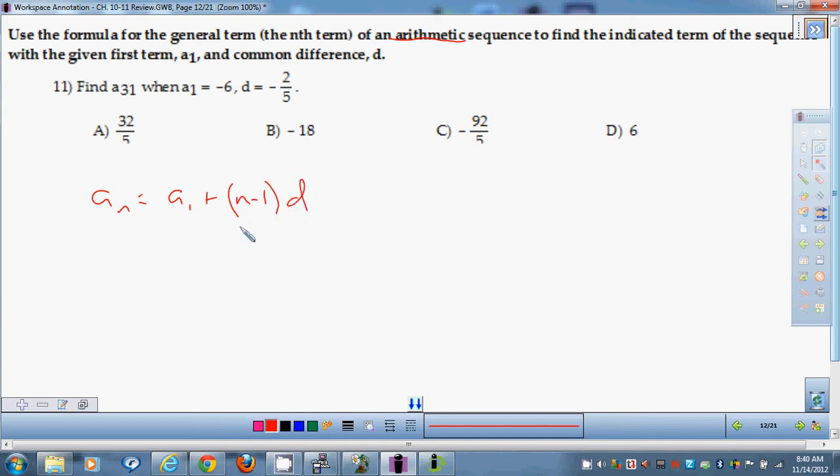Muchos goodos. We're looking for A sub 31. A sub 1 is negative 6. N is 31. So 31 minus 1 is 30 times D. Negative 6 divided by 5 is 6 times negative 2 is 12.